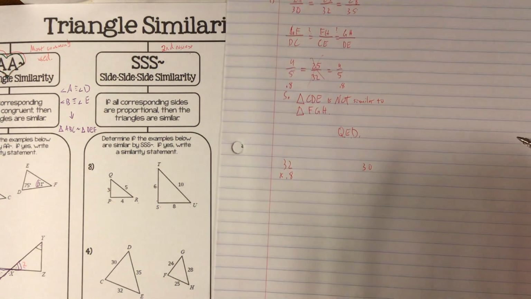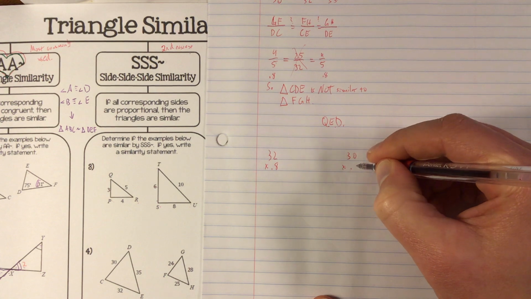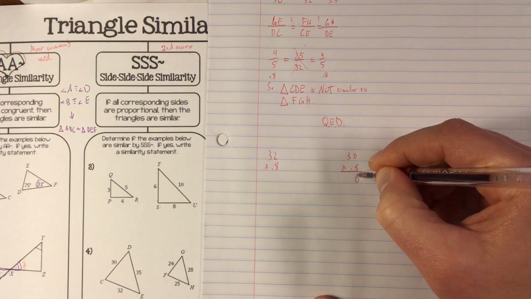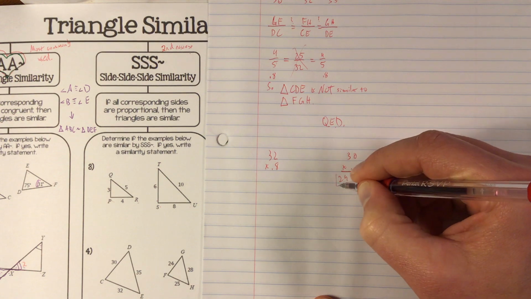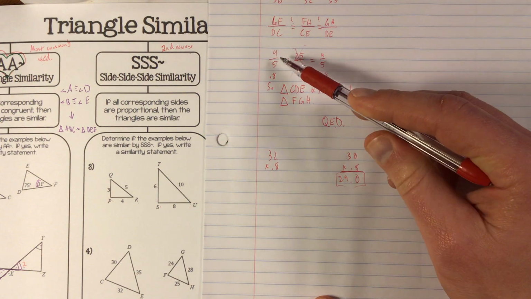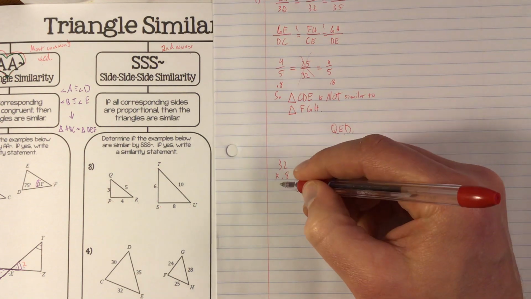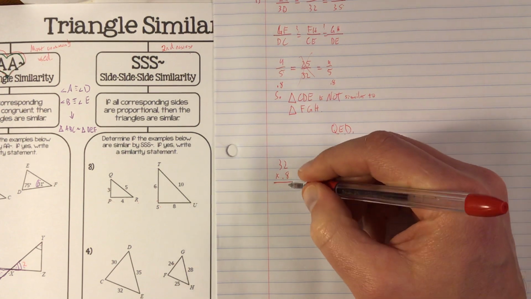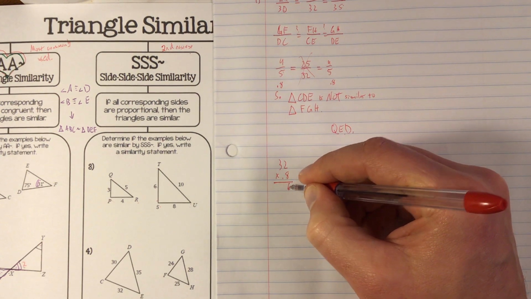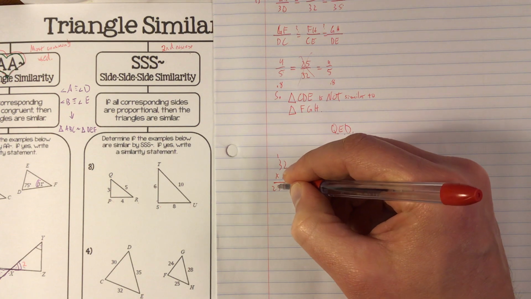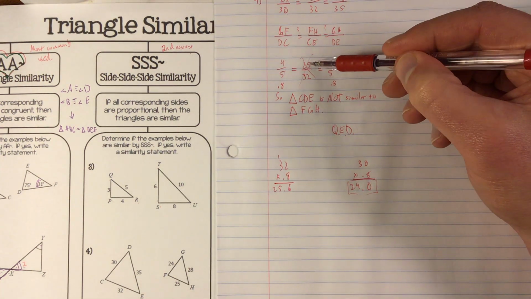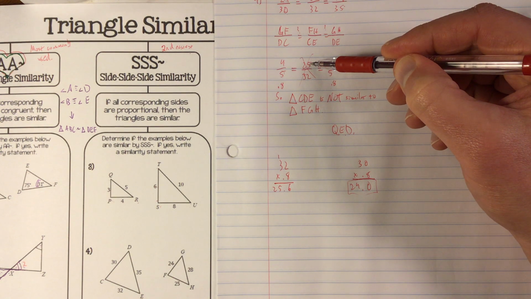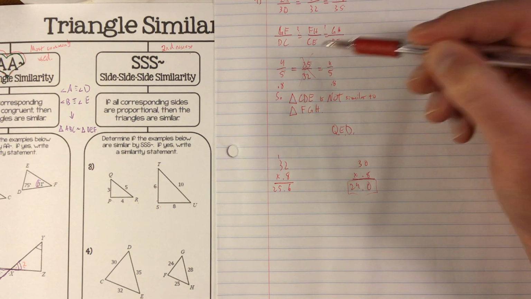For example, 30 times 0.8, 0, 24, move the decimal over 1, 24. So that one worked out just fine, right? 32 times 0.8 though, well, that's 16. 25.6. So that side's just a little bit too small.